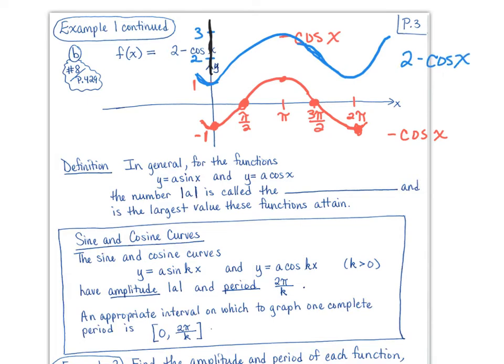Okay? All right. In general, for the functions y equals a sine of x and y equals a cosine of x, the absolute value of a is called the amplitude.